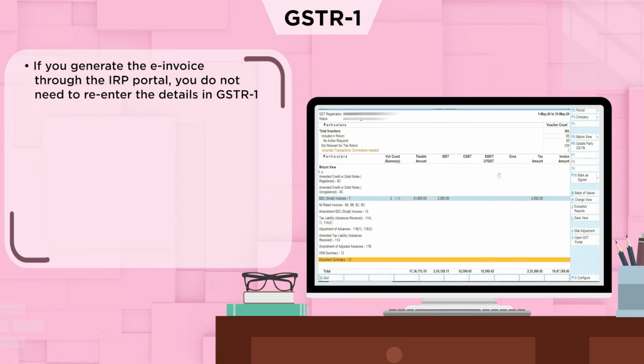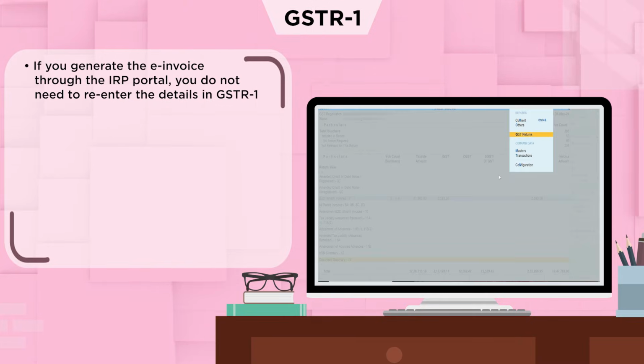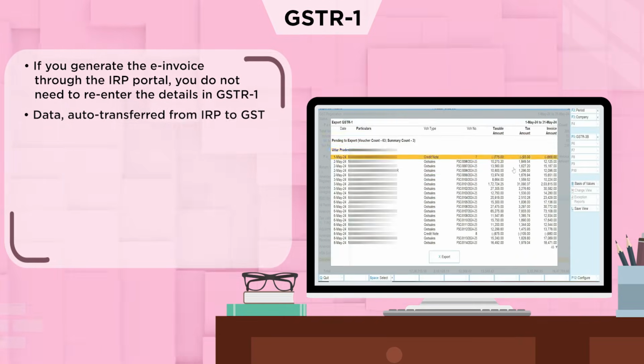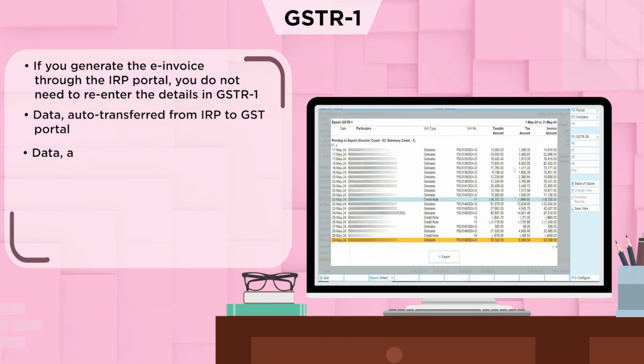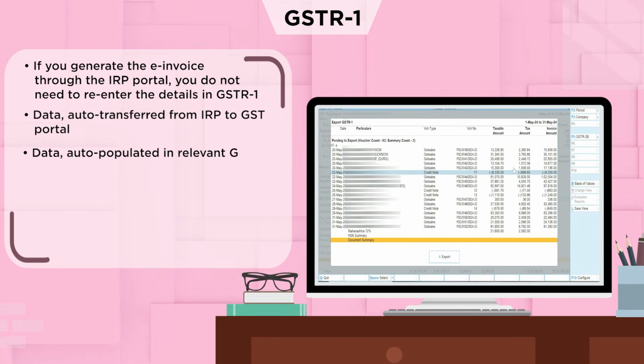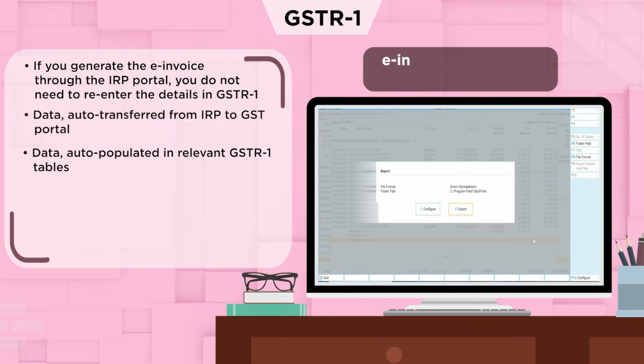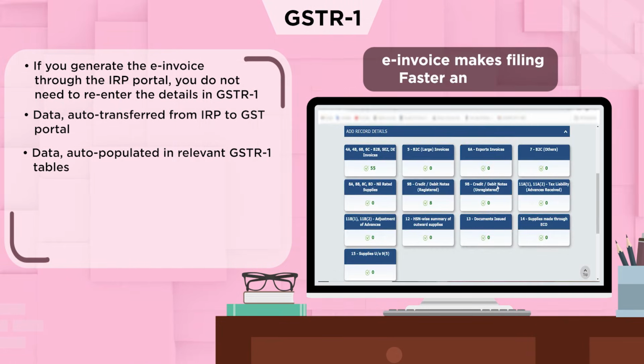If you are generating e-invoices on Invoice Registration Portal (IRP), there is no longer a need to enter the details of such e-invoices while filing Form GSTR-1, as these e-invoice details are transmitted from IRP to the GST portal and auto-populated in the relevant tables of Form GSTR-1, making the return filing process faster, easier and more accurate.